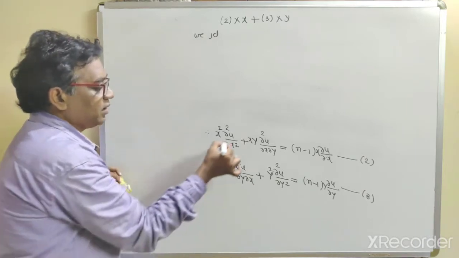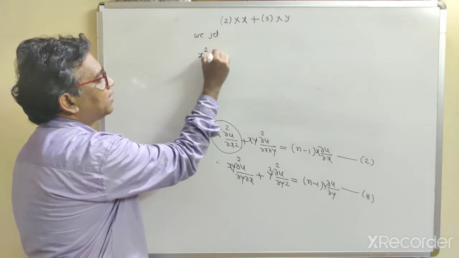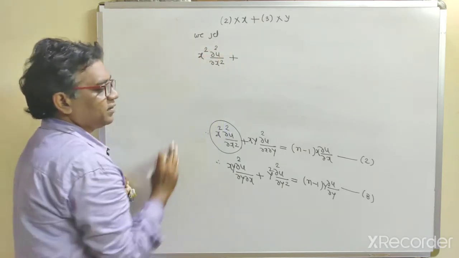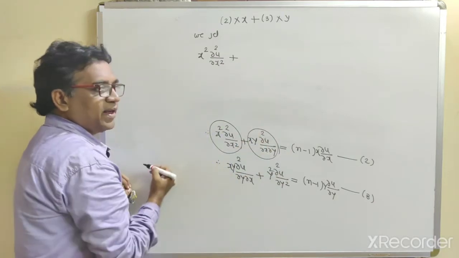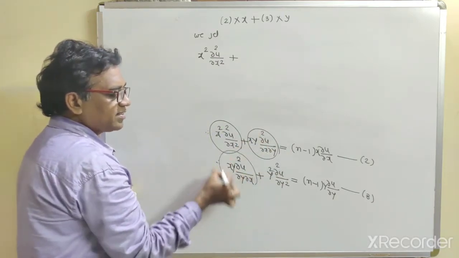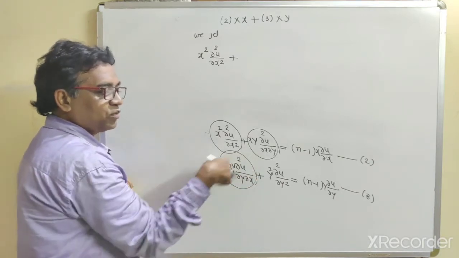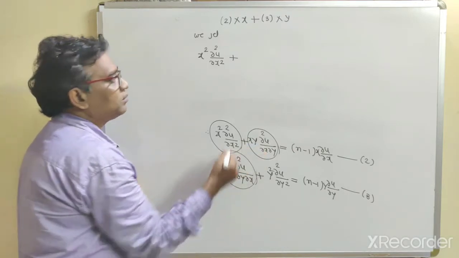So what we get? This is the first term, x square del square u by del x square plus, now this is xy del square u by del x del y, and this is again the same term, xy del square u by del y del x, both are the same term. So this is xy and plus one more term.